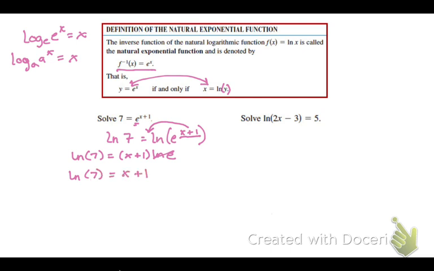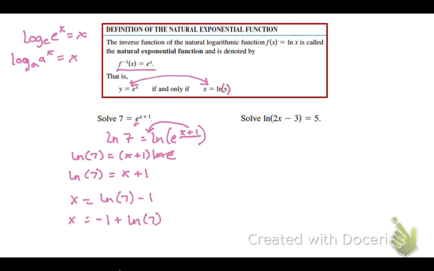Now my parentheses don't matter, and I'm solving for x, so you would just what? Subtract over 1. So x equals the natural log of 7 minus 1, or you could put negative 1 plus the natural log of 7. Some people like to keep that natural log at the back.